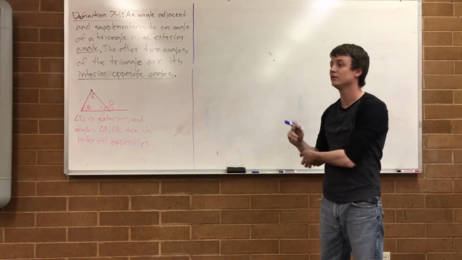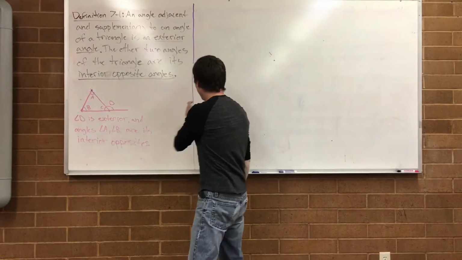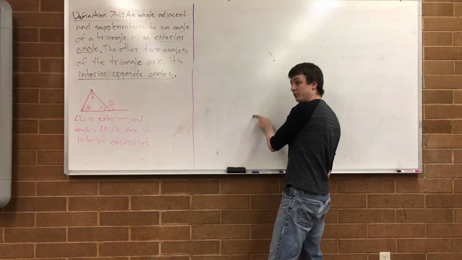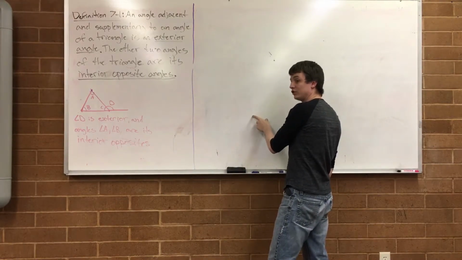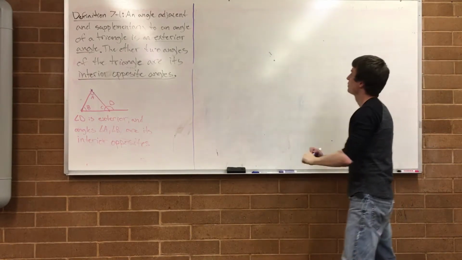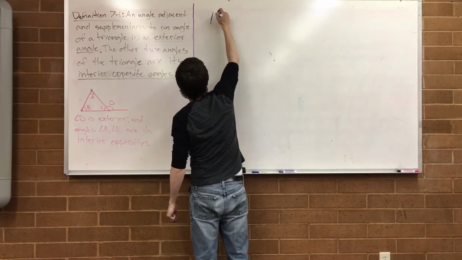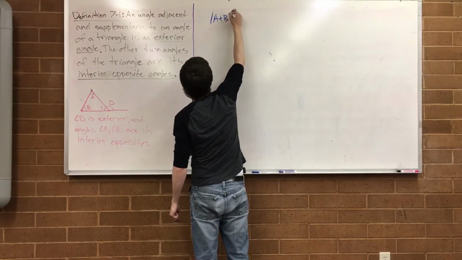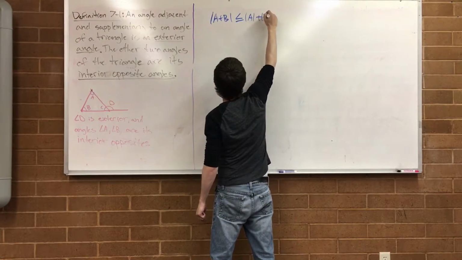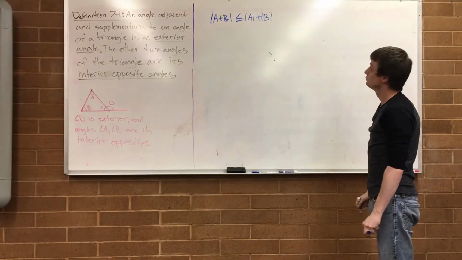Distance from zero. Distance from zero, that's one way you can think about it. This is called the triangle inequality. It's the exact same idea.